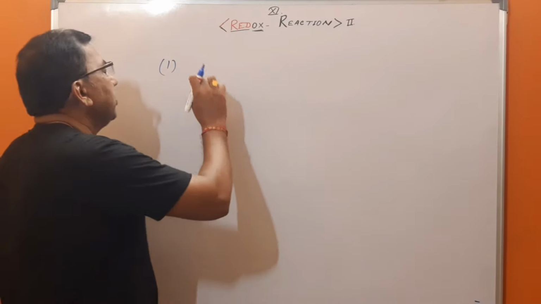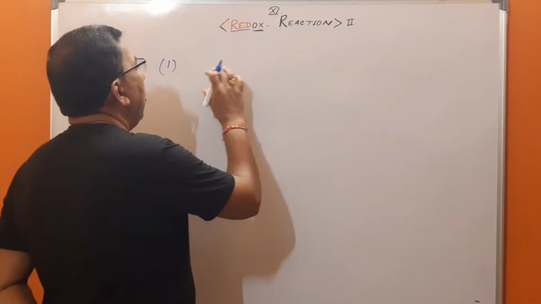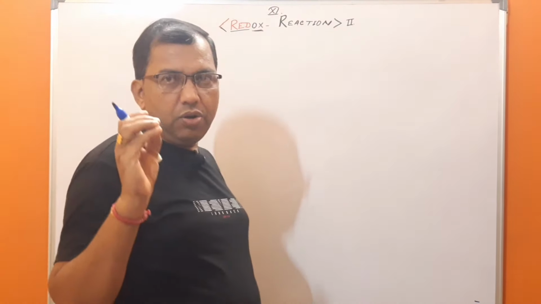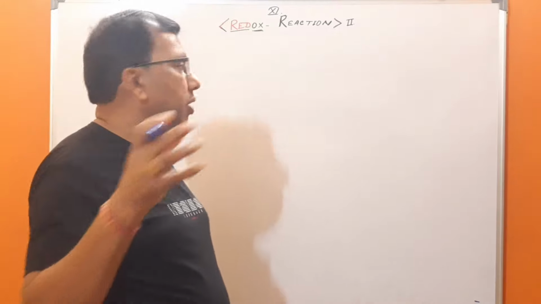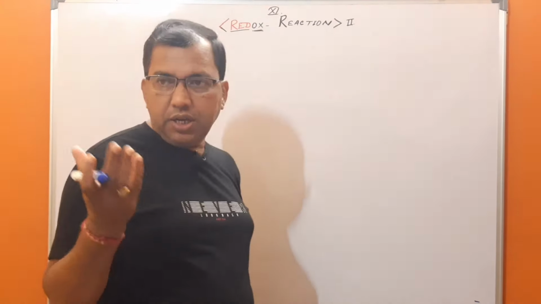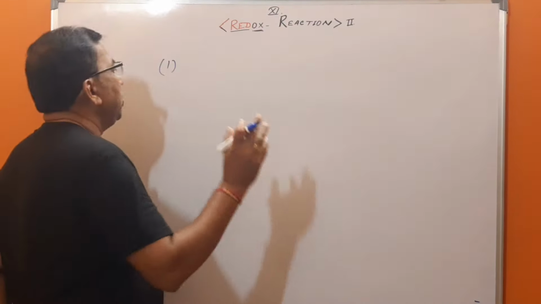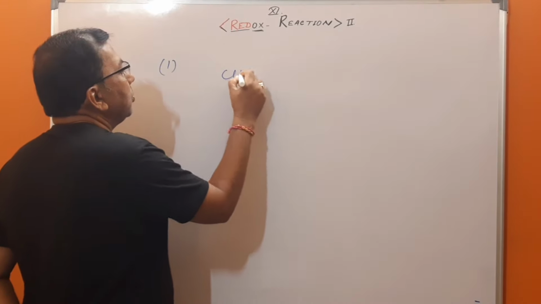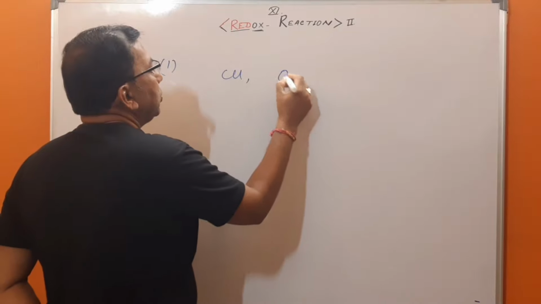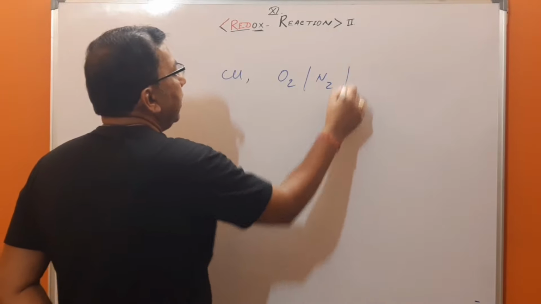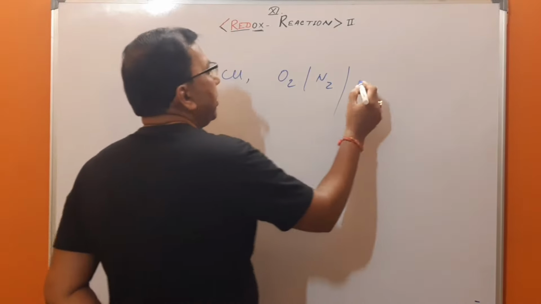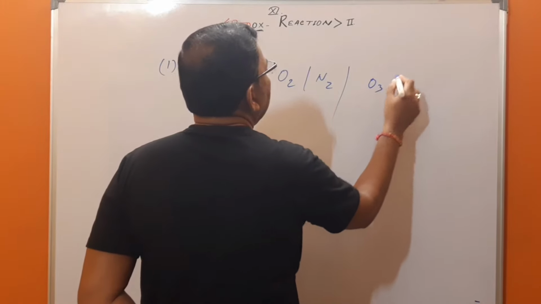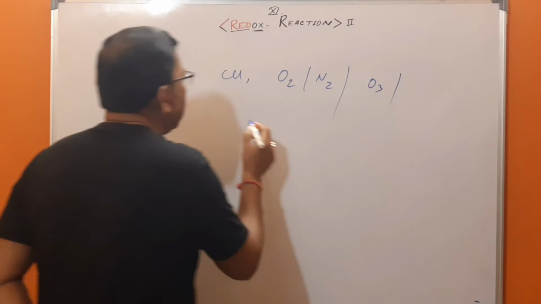First, the oxidation number of an atom in a pure state, that is the elementary state, is 0. Suppose copper, oxygen, nitrogen, in elementary state, it will be 0.